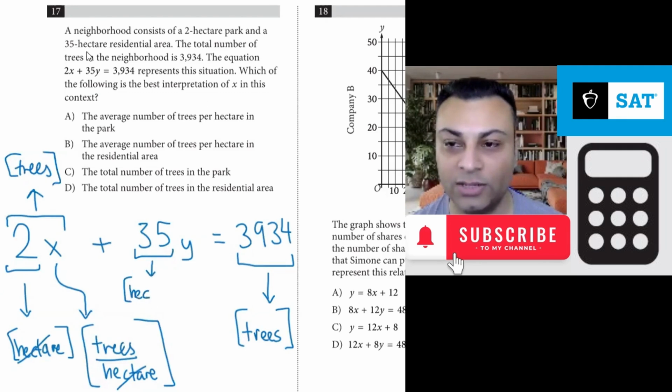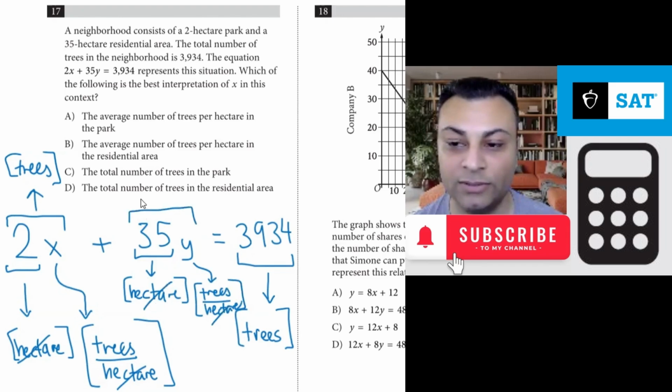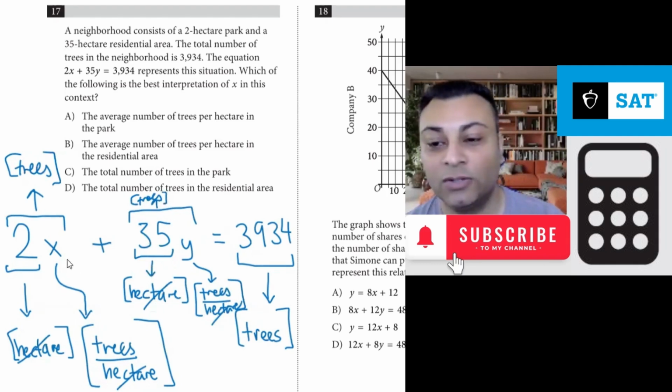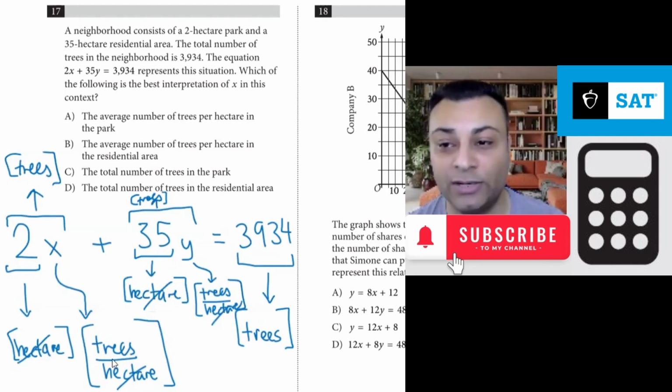It says you're a 35-hectare residential area, so this is hectare. So this y had better have trees per hectare in order for this entire item to have a unit of trees. I can't fit it up here, but you can see what I'm doing. This has a unit of trees. Now, so the x has a unit of trees per hectare.